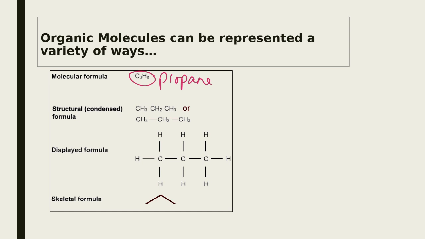So C3H8. Now, when we are representing this as an organic molecule, remember that carbon has to be the backbone. When we see a formula like this, we can start to expand the carbons. So when I see C3, I know that I'm going to have 3 carbons bonded in a row. And remember that every carbon can form 4 bonds.